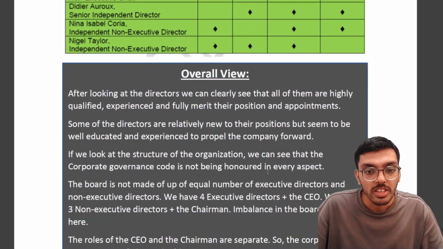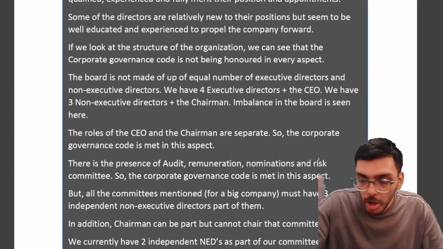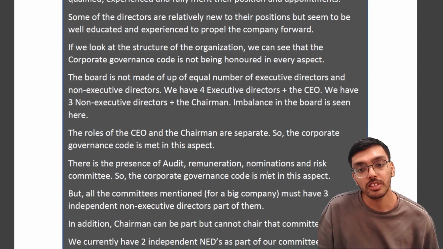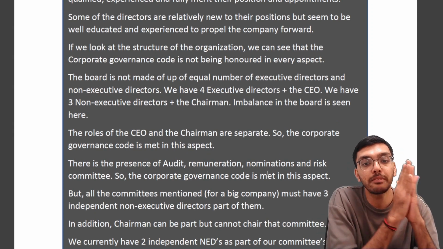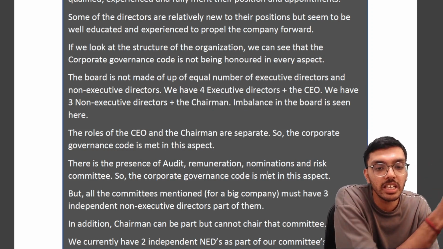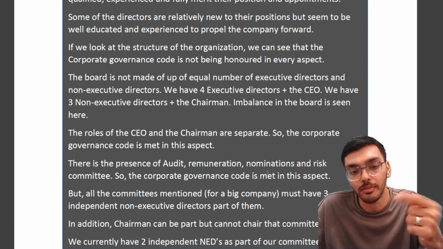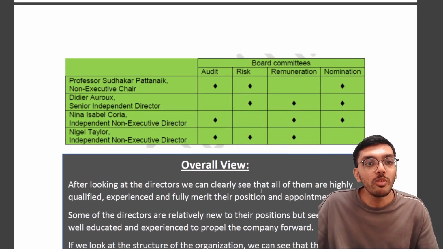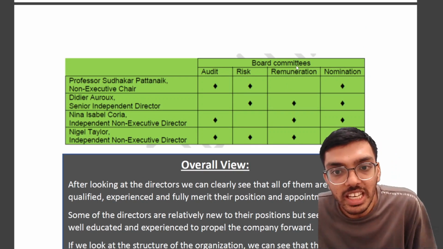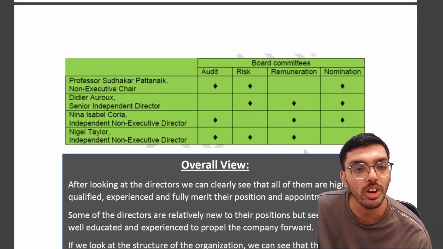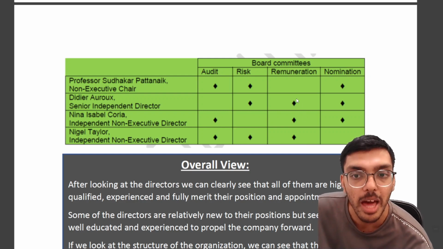But there is a rule in your P3 syllabus. It's been very clearly mentioned. All the committees for a big company must have 3 independent non-executive directors as part of them. If you see these committees, you will see that only in the remuneration committee, 3 independent non-executive directors are present.